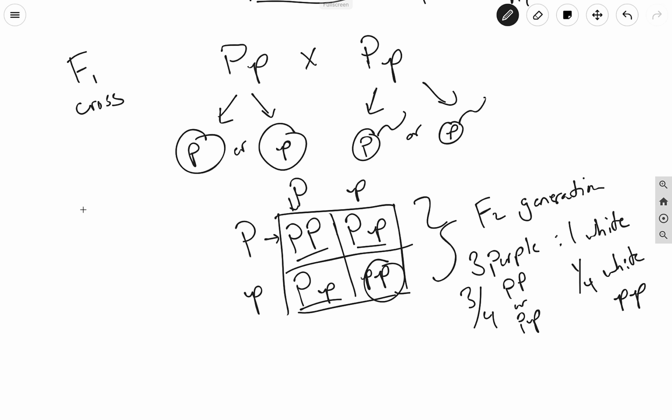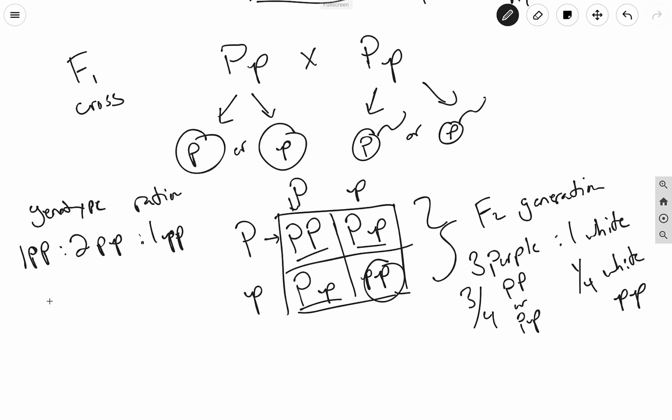Oftentimes we summarize these Punnett squares with the genotype ratio. A genotype, again, is looking at the alleles, where we have 1 big P, big P for every 2 big P, little p's, for every 1 little p, little p. So this is one way to describe what's happening here.